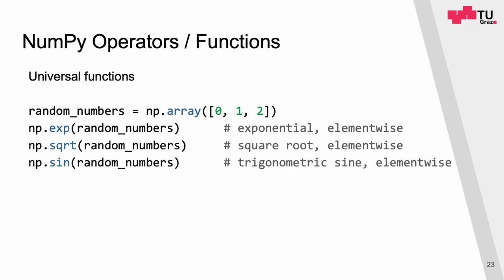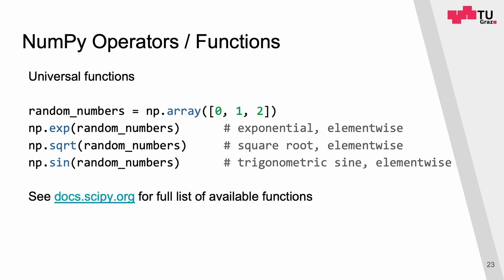Or there is also the trigonometric sine, which is also, of course, as always, in NumPy element-wise. And here at this link, you can see a full list of available universal functions in NumPy.